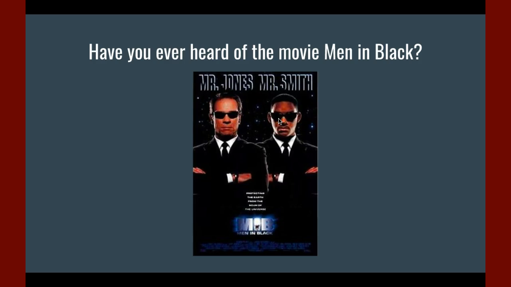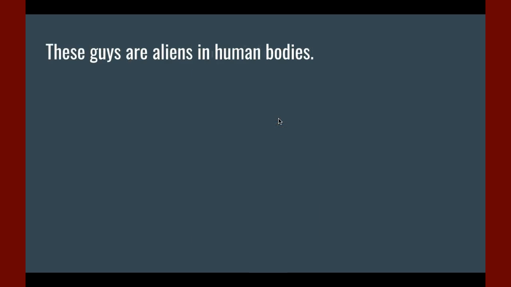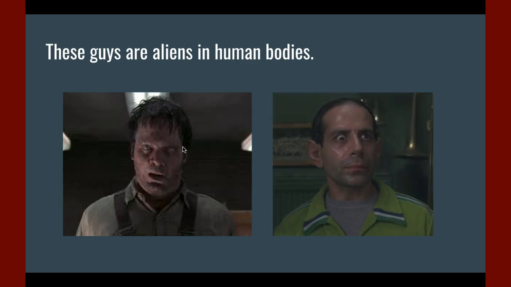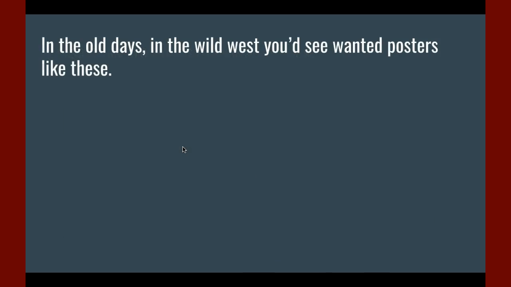And here they are, Mr. Jones and Mr. Smith. They are the Men in Black, and they are in charge of finding these aliens who take over human bodies. They're unregistered aliens. Here are two of them from the movie.